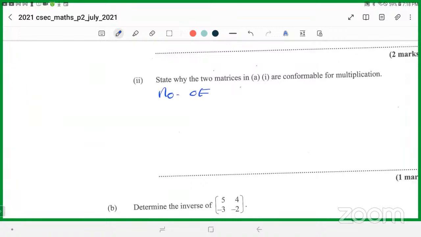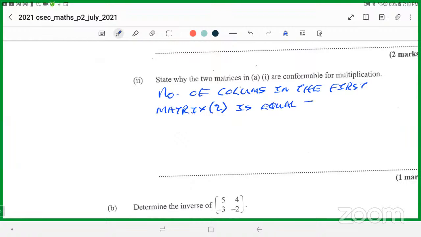Number of columns in the first matrix, which is 2, is equal to the number of rows in the second matrix.